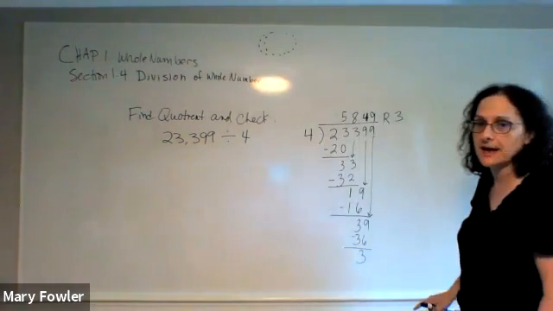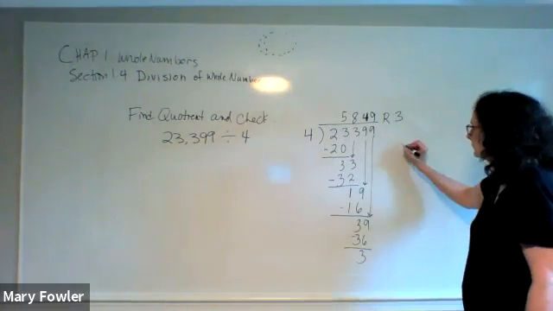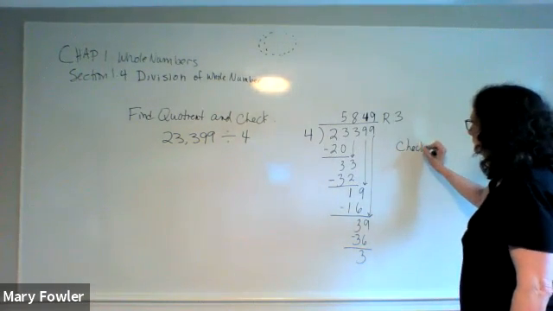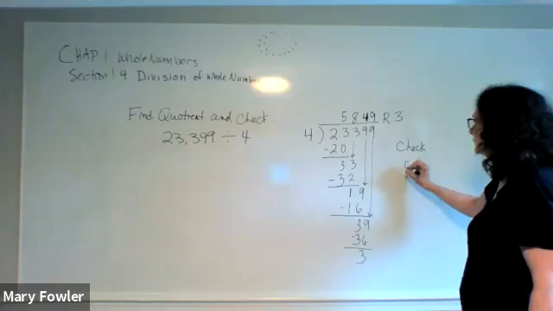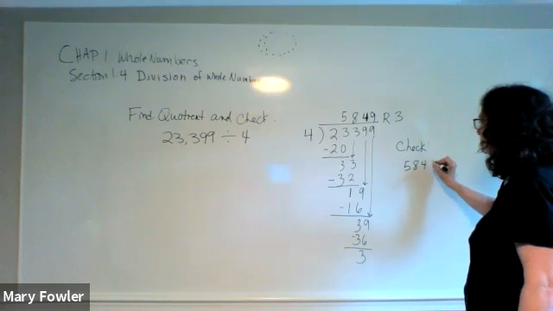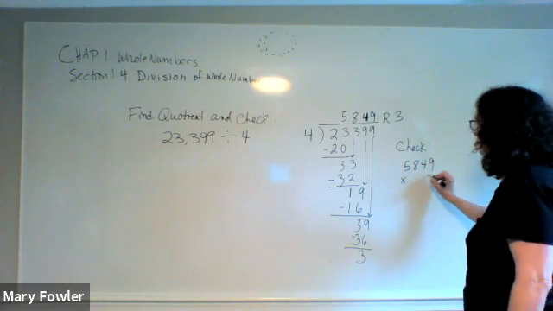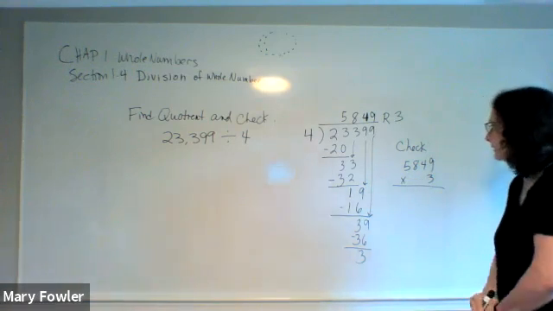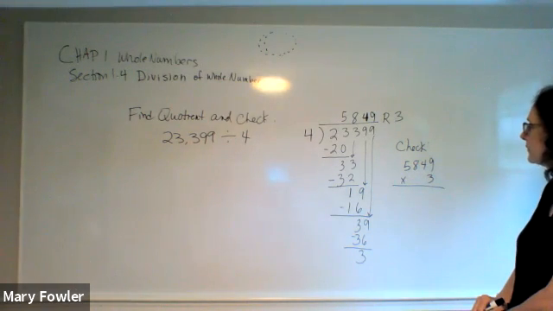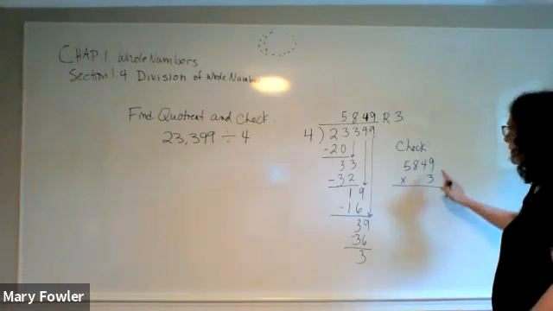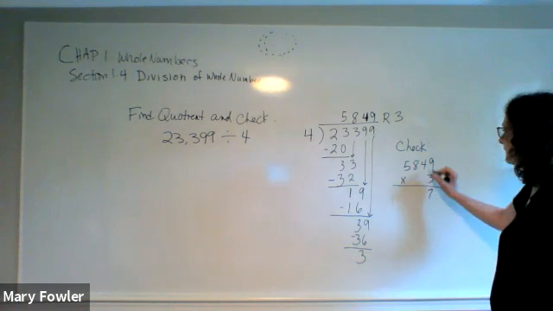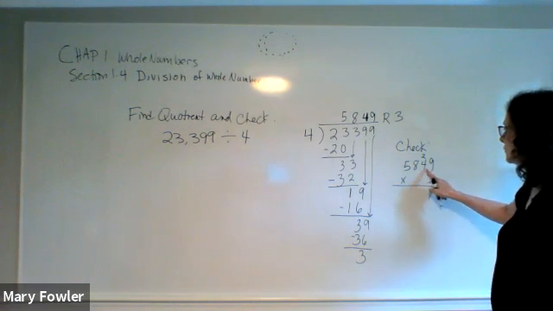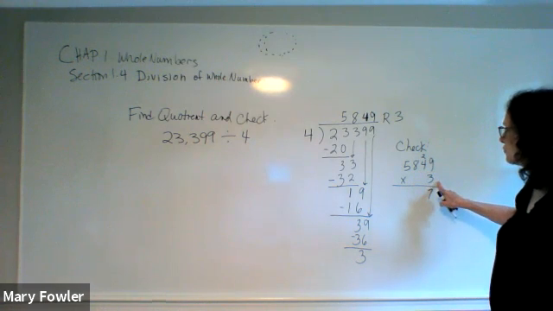Okay, so let's go ahead and check. 5849 times 3. 9 times 3 is 27. 4 times 3 is 12.